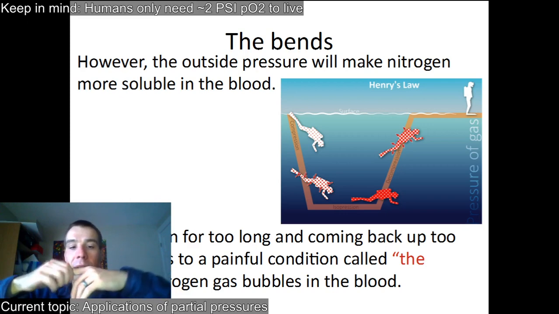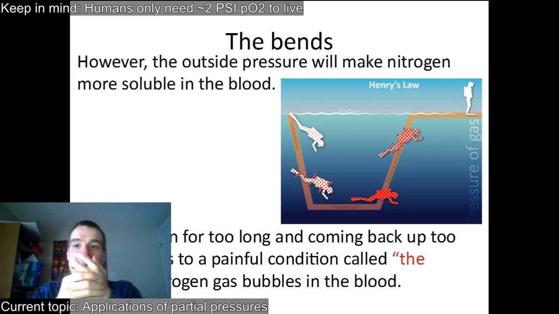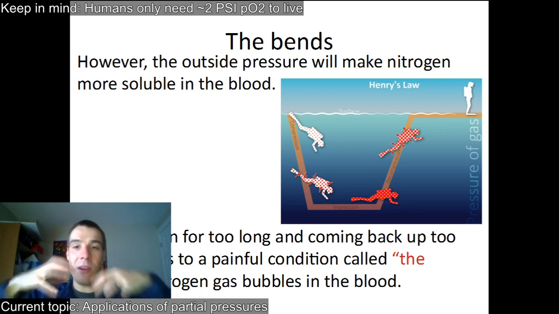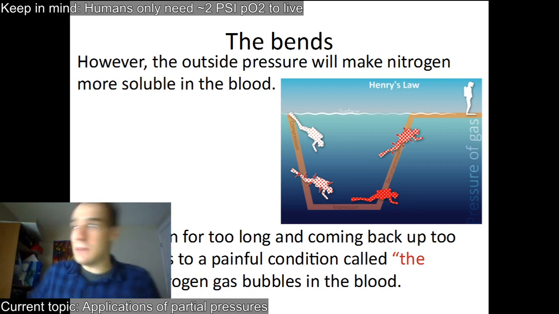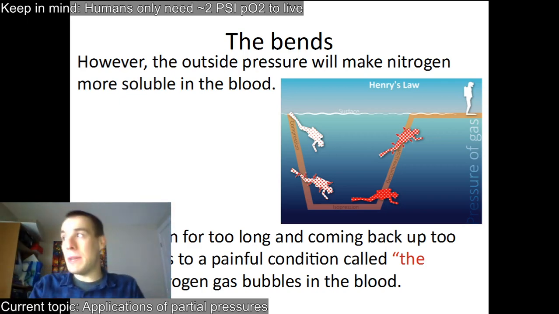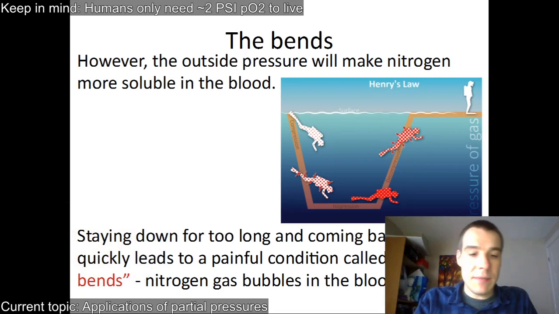You reduce the pressure as you crack it, and you get that pop. The pop is the air coming out. But this is like all your knuckles getting cracked at the same time and over pressured. That's why it's called the bends, because it gets painful to bend your fingers and your joints. So that's nitrogen gas bubbles in the blood and the joints.